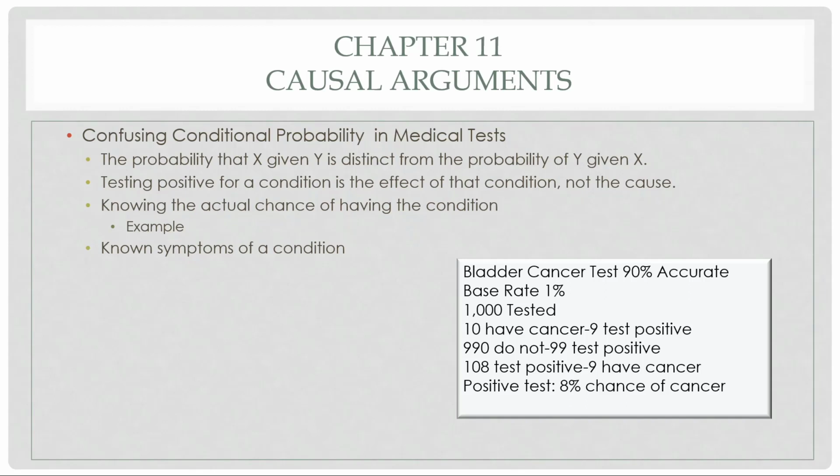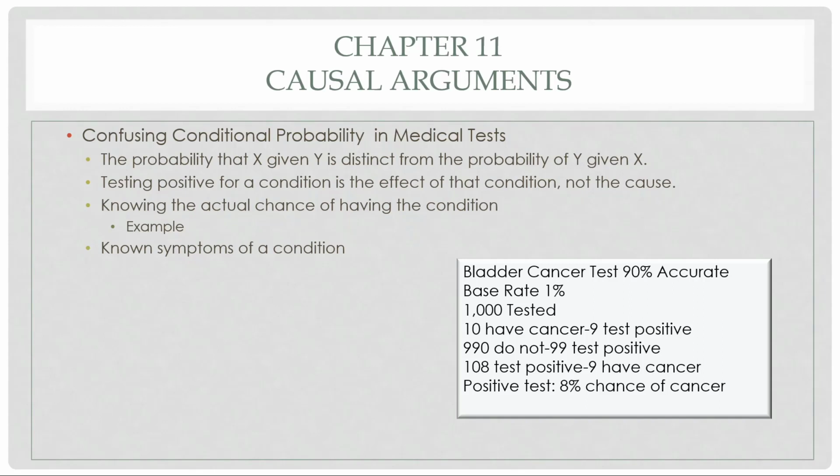Suppose we know this because of medical research. So out of 1,000 men, 10 of them, 1%, will have bladder cancer. Of these, since the test is 90% accurate, 9 of them will test positive. Of these 1,000 men, 990 will not have bladder cancer because the base rate is 1%.